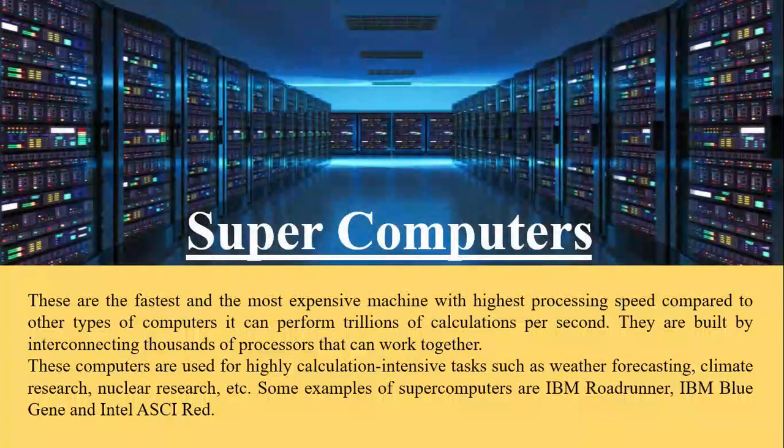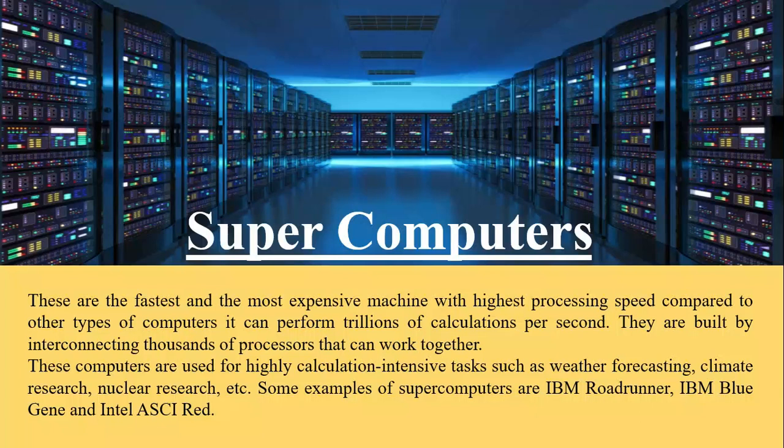Next is supercomputers. As the word suggests, a supercomputer is super in the same way. These are the fastest and the most expensive machines with the highest processing speed compared to other types of computers. They can perform trillions of calculations per second. They are built by interconnecting thousands of processors that can work together.